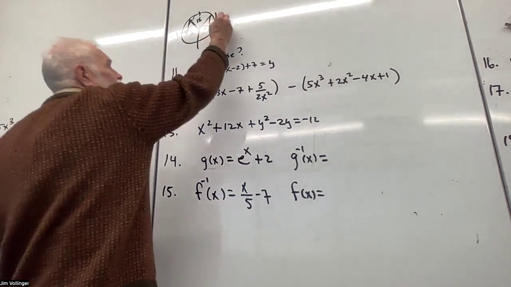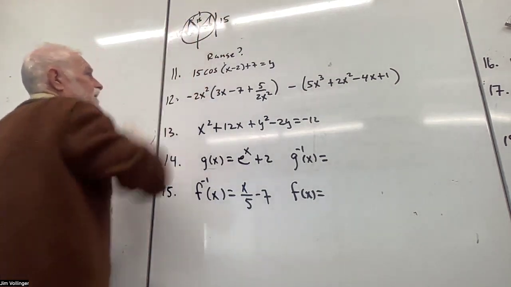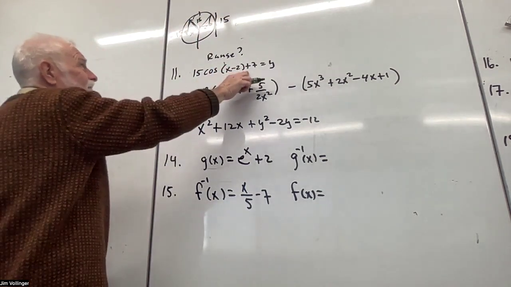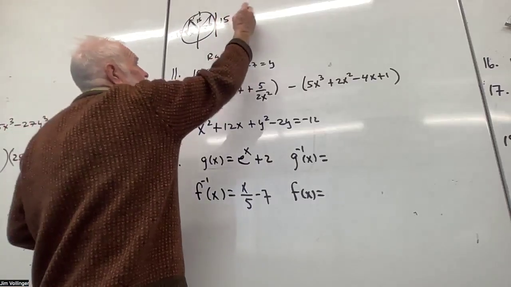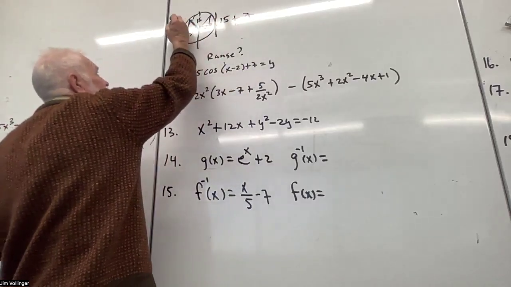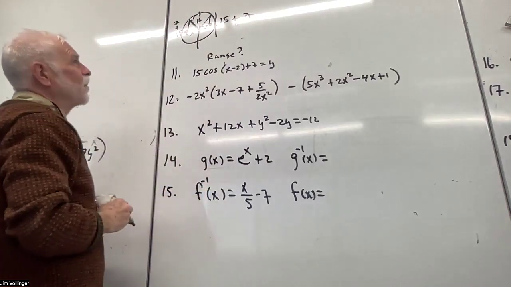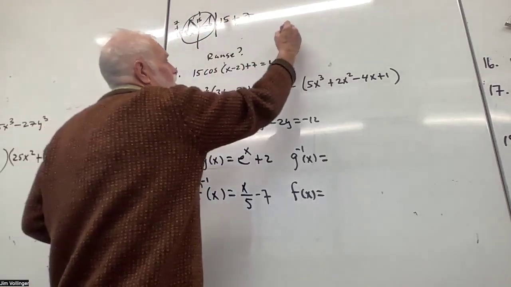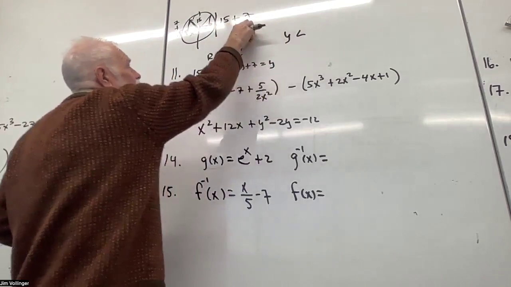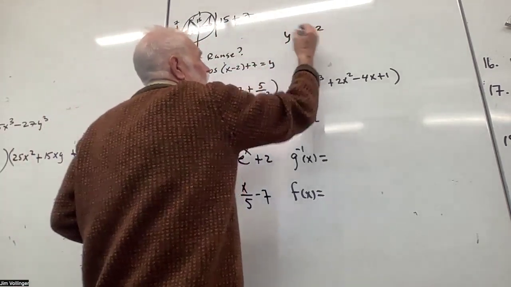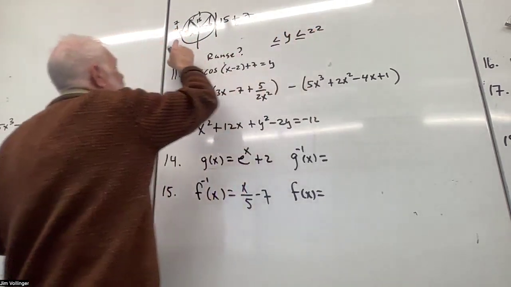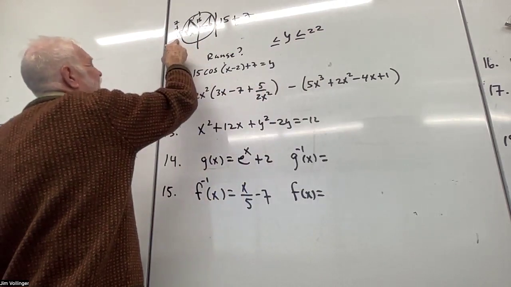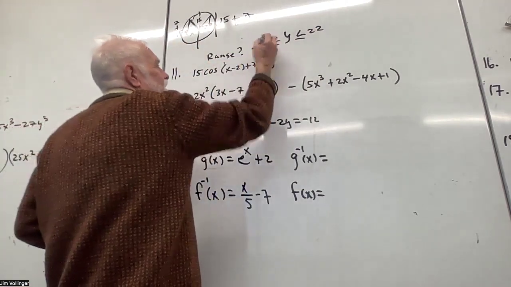Then I'm going to the right 15 and to the left 15. And if I'm adding 7, then I'm adding 7 to 15, and I'm adding 7 to -15. So what's my range? My y values are less than or equal to 22, and bigger than or equal to 7 minus 15, which is -8.